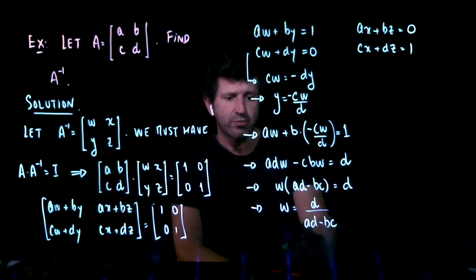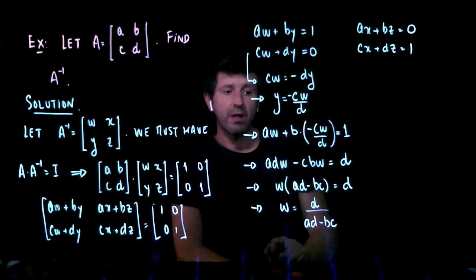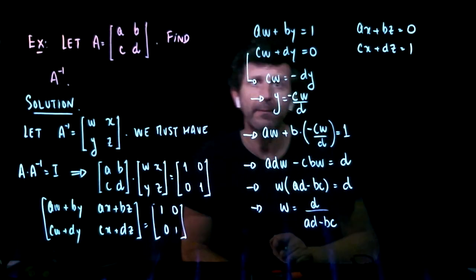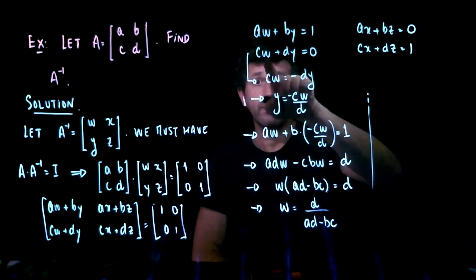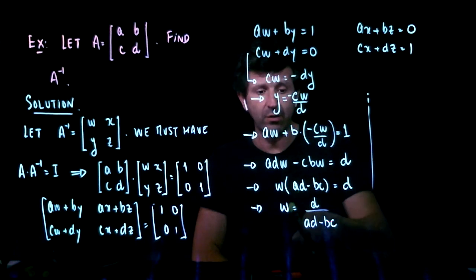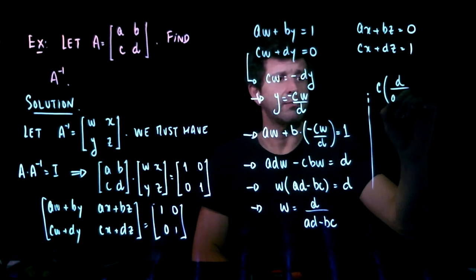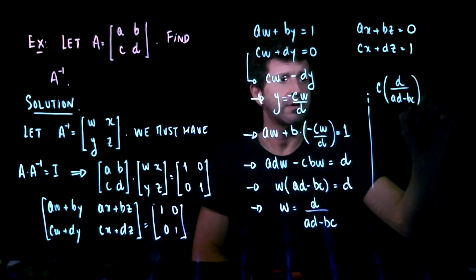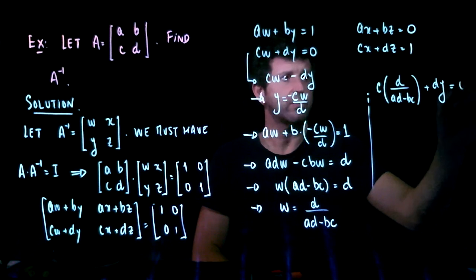Now let's use the expression for W to find the expression for Y. I will replace the W here by D over AD minus BC. So C times D over AD minus BC plus DY is equal to 0.